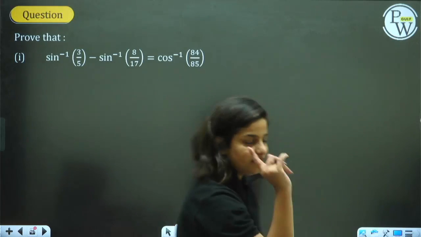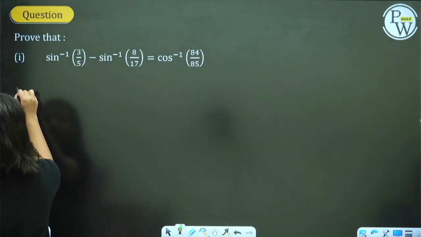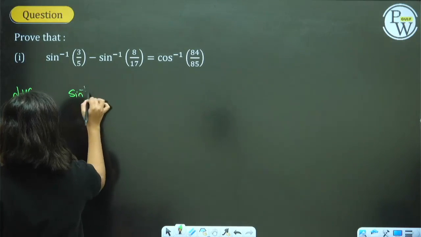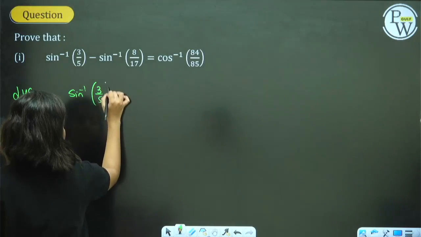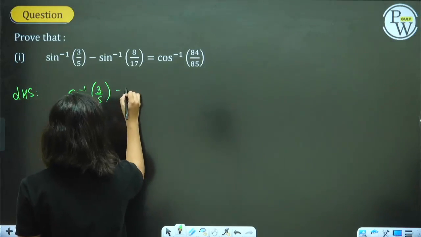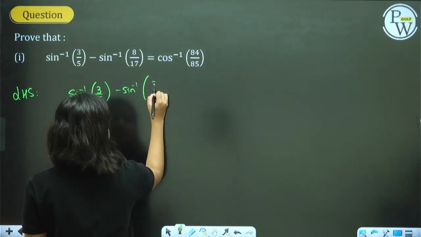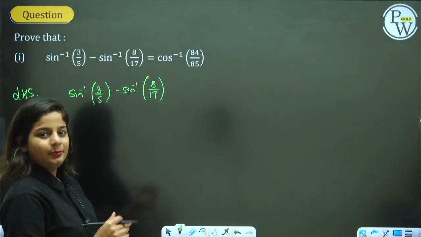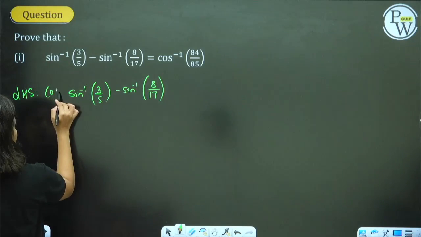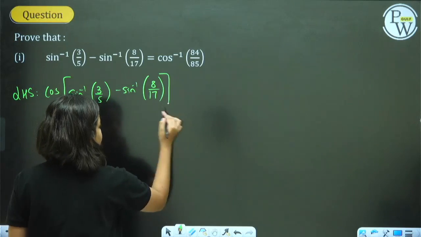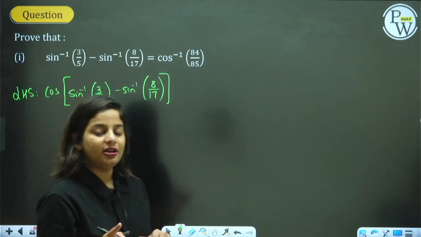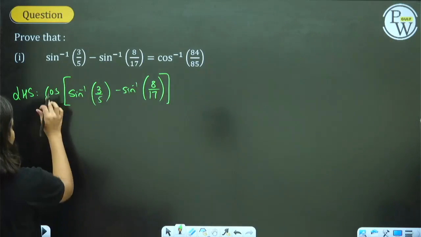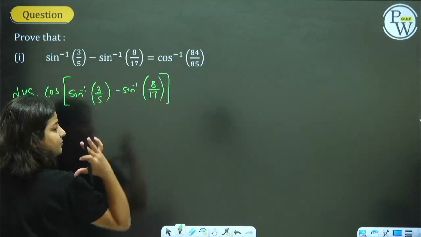Yeah, so there is a very beautiful way. Just consider your LHS, sine inverse of 3 by 5 minus sine inverse of 8 by 17. In this entire thing, I am taking cos. Remember, you are taking cos on your own, so in the end you are supposed to adjust that cos. What is cos of A minus B?